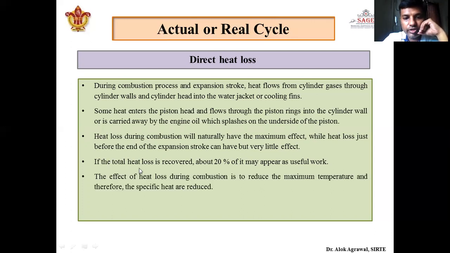Now the effect of heat loss during combustion is to reduce the maximum temperature. Whenever heat loss occurs in combustion, what is the effect of it? It will reduce the maximum temperature, and because of that, specific heat will reduce, because as we have already seen, specific heat is a function of temperature. So specific heat will reduce as the temperature reduces.